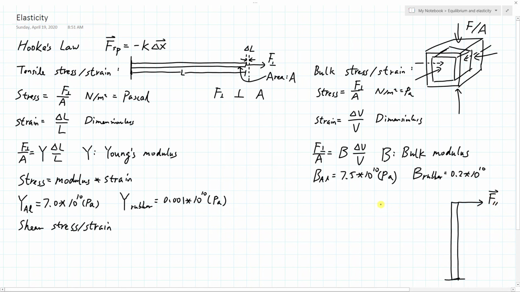This F parallel causes the object to shear away. So the object has sheared. And the amount of displacement of this end is x, and the overall height of the object is h.